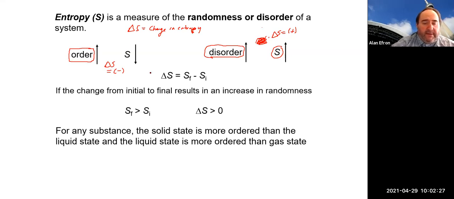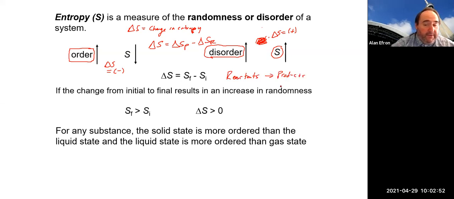One way you could calculate delta S is to take the delta S of your final state minus your initial state. What that means is delta S would be the delta S of our products minus the delta S of our reactants. Why is that? Well, when we think about a chemical reaction, we have reactants that go to products.